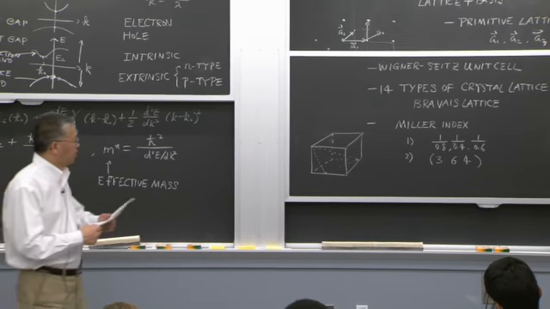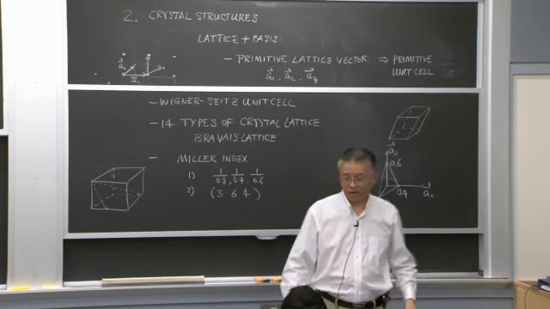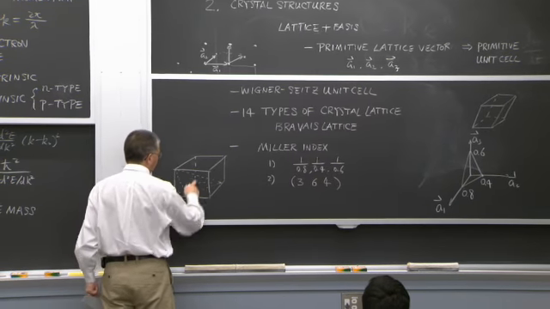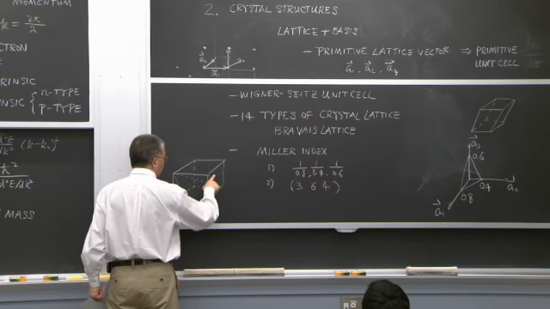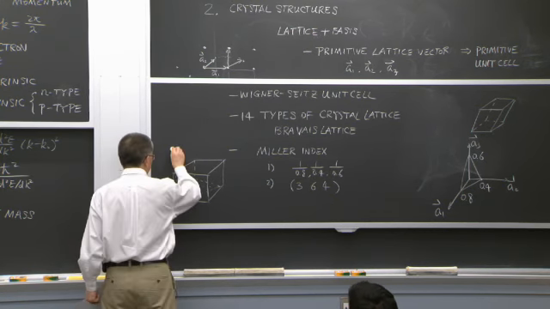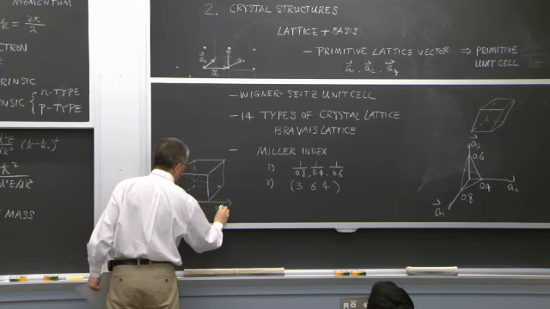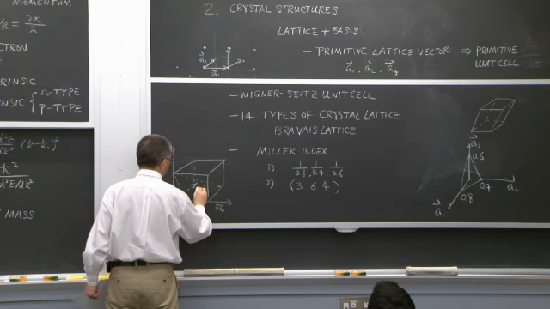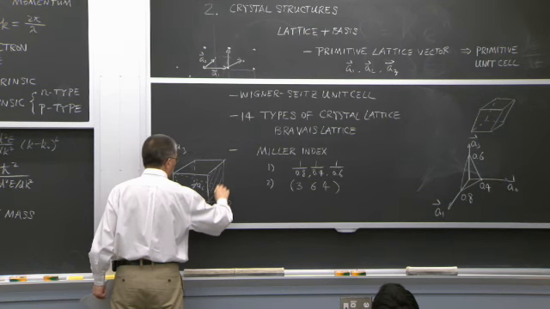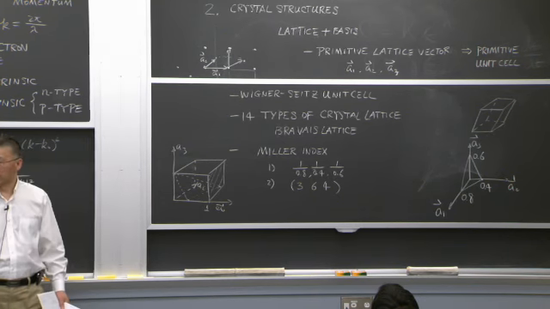Okay, and you see that's pretty cumbersome, so why do you take an inverse? One way to think about this is to look at this cube again, for example, this surface here. If I do not take an inverse, say this is a1, this is a2, and this is a3. If I look at this surface, the intercept here is 1, and in the other two directions it is infinite, right?